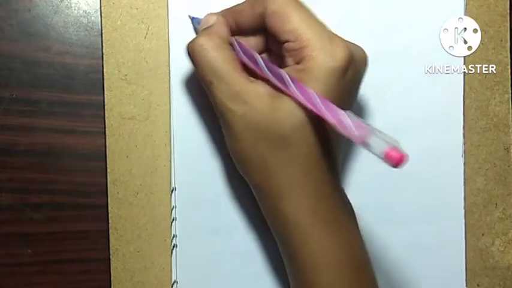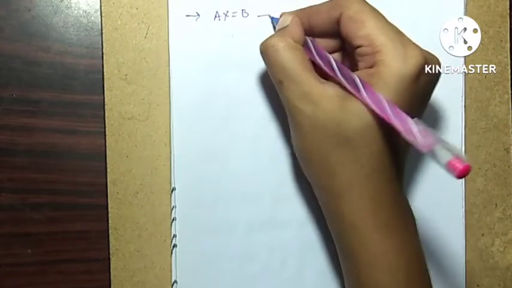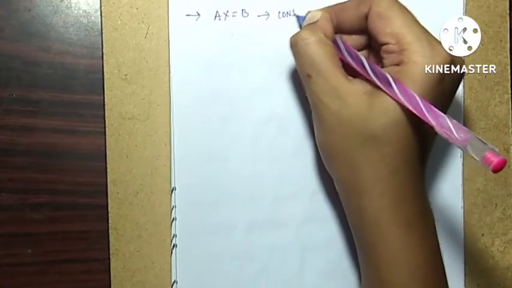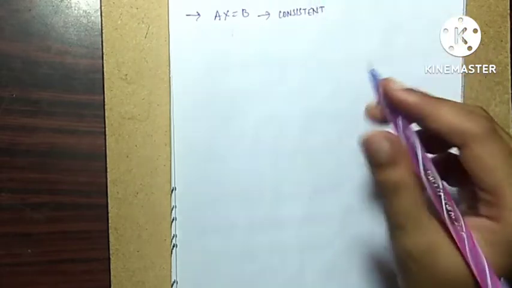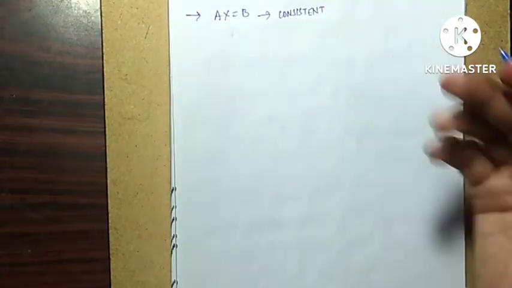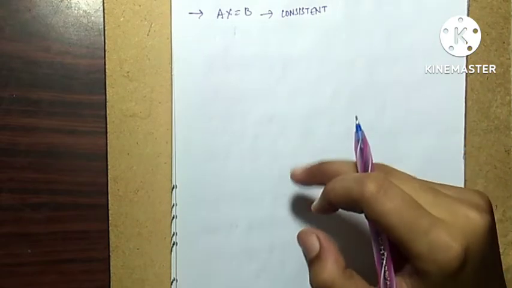There is a system AX equals B that is consistent. What is consistent, what is inconsistent? If you want a separate video, just put it in the comment section, pin it in the comment section, and I will make it for you.